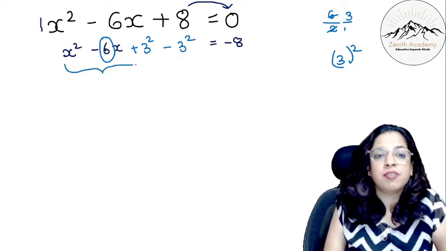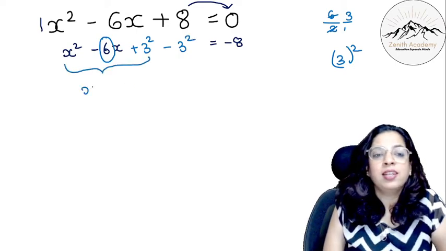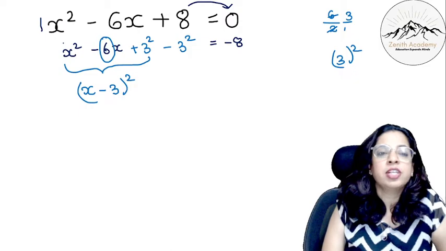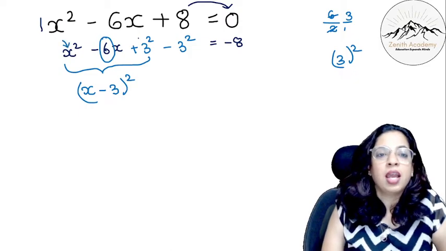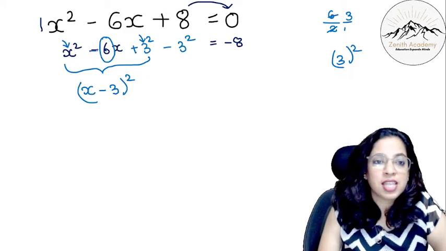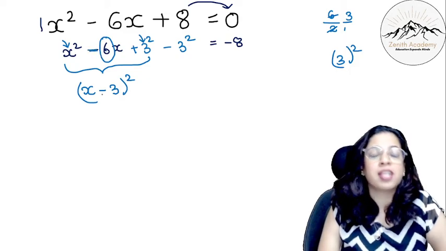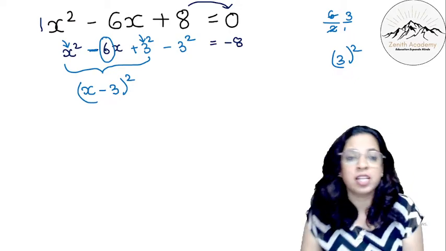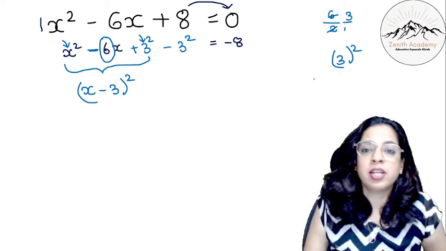Now if you check the first 3, what you will get? This is a complete square of x minus 3 whole square. Okay, immediately you can take the first term and the last term and check the sign here. If it is minus, put it minus here. If it is plus, put plus here. Okay, expand and check. Can I expand and show you?